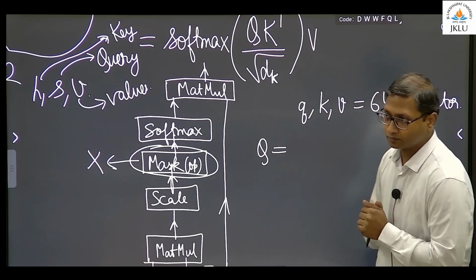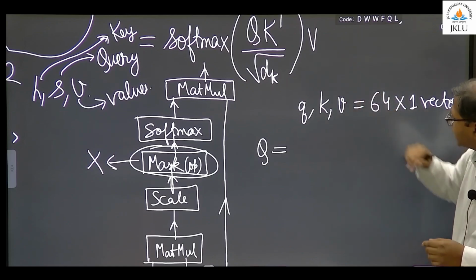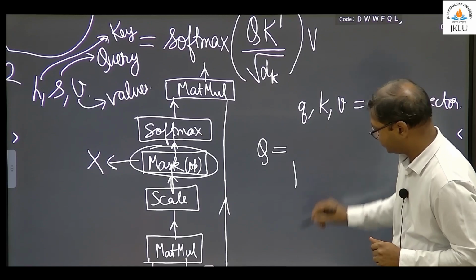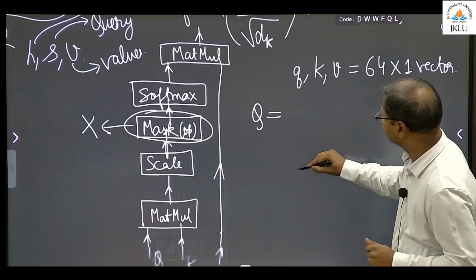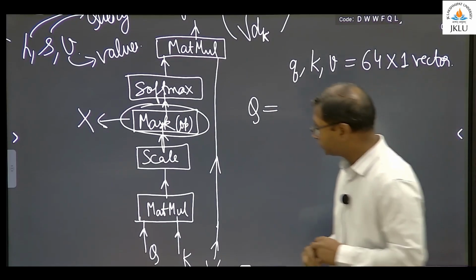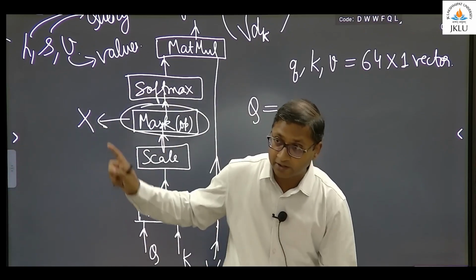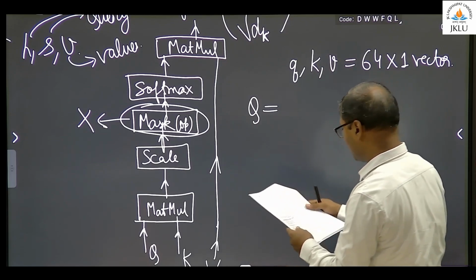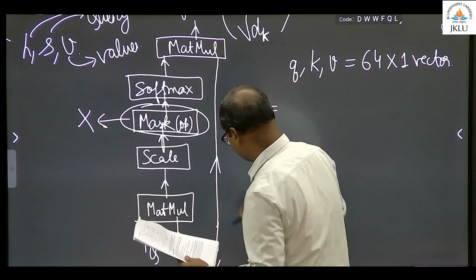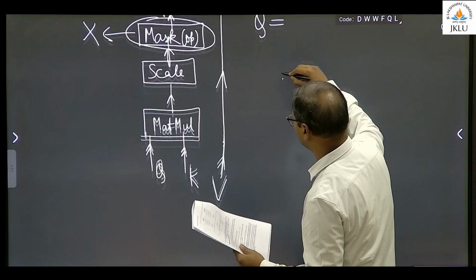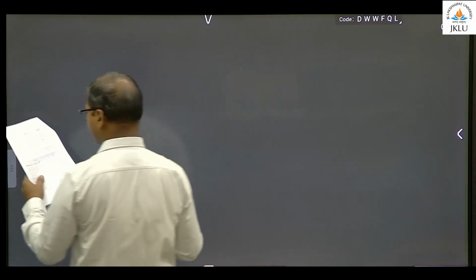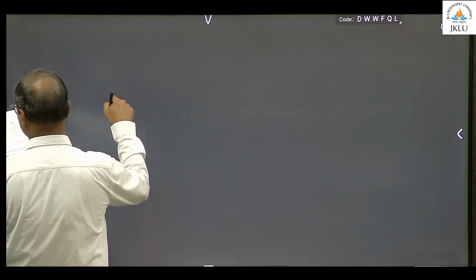What do I do now? What is this operation telling me? What should be Q? Now we have to relate it with what we had drawn there. Now what we have is inputs, encoder, decoder, output.